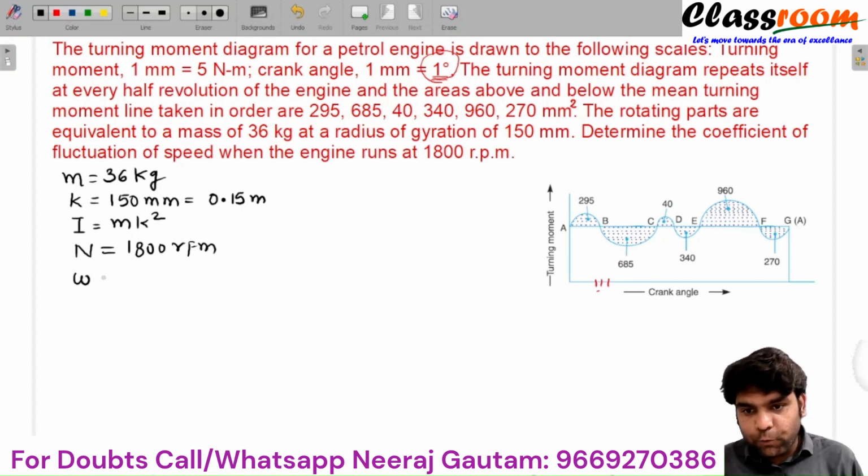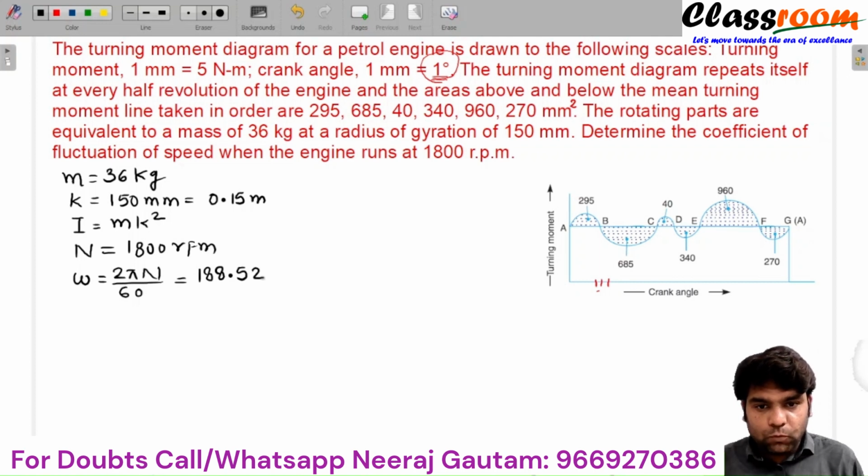The corresponding omega value, that is 2 pi N by 60, is equal to 188.52 radians per second. This is the angular speed. Now, the area of the turning movement diagram represents the work done or the power.